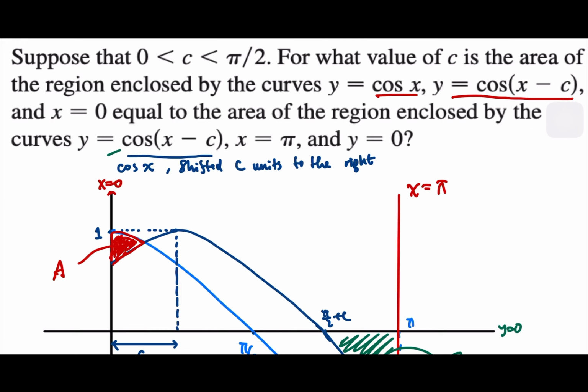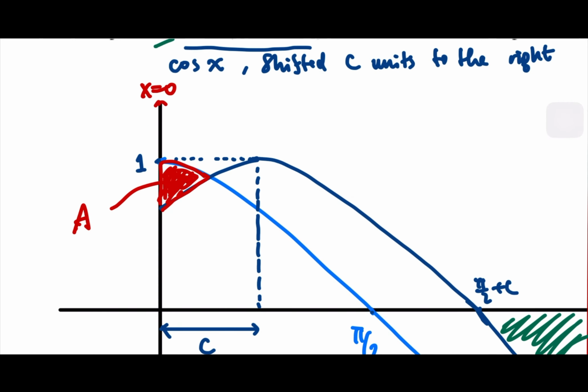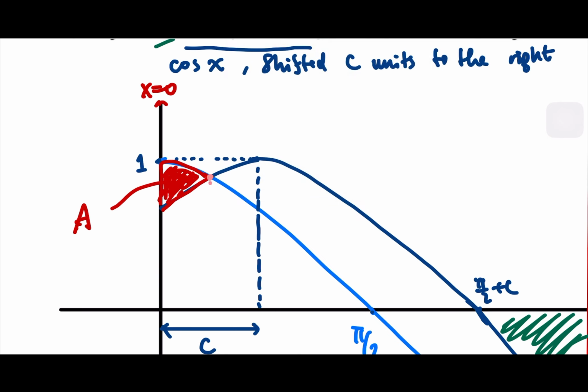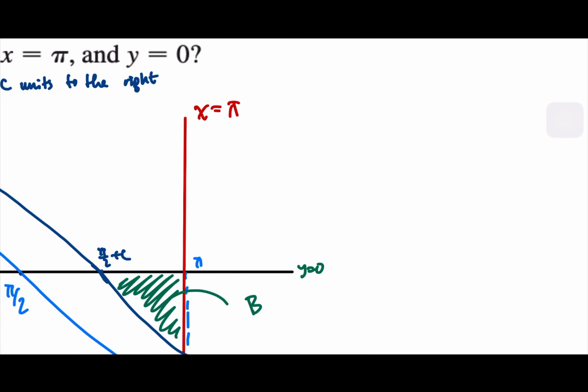First, we need to make sure what this point here is. From my picture here, it seems it's c over 2, but we can confirm through cosine x equals cosine x minus c.